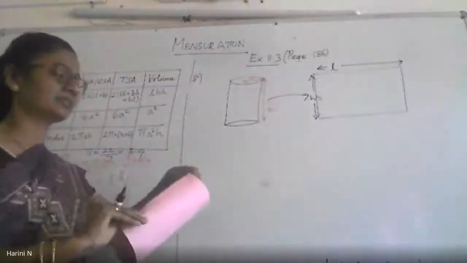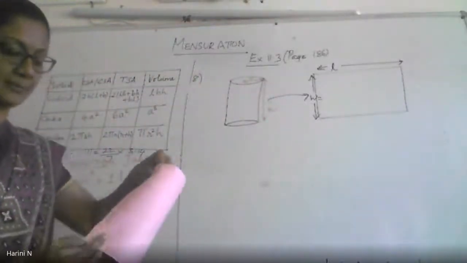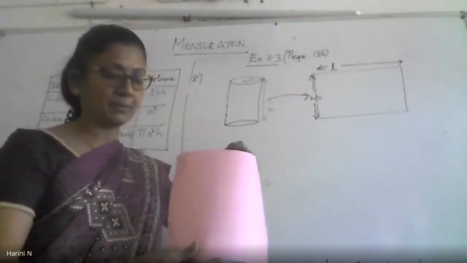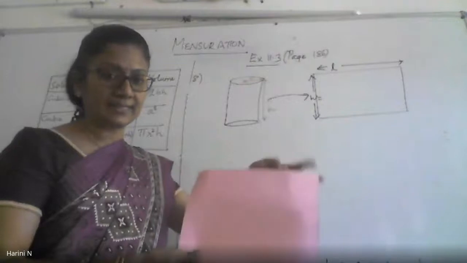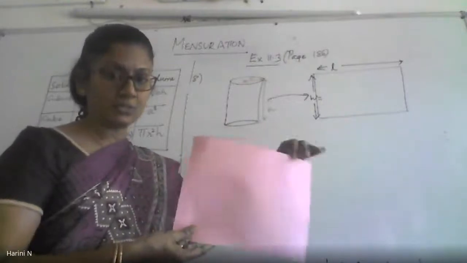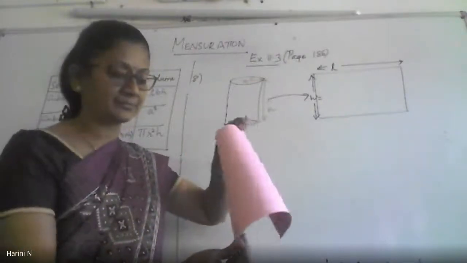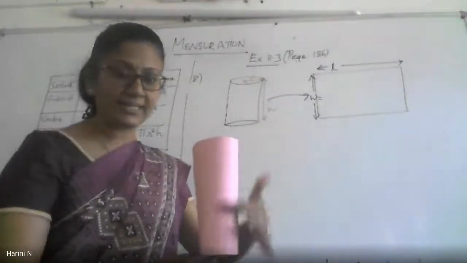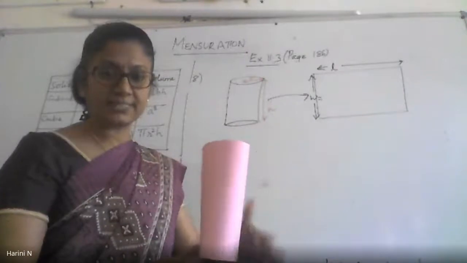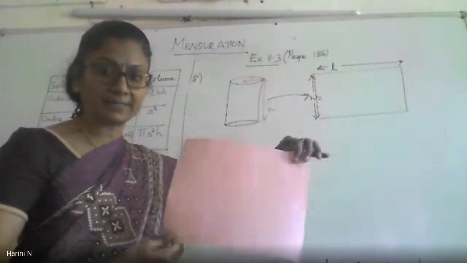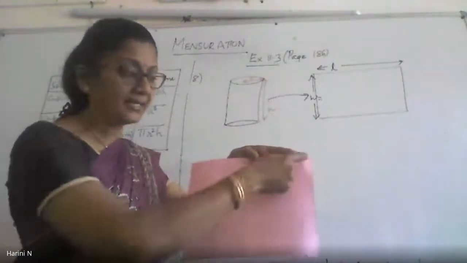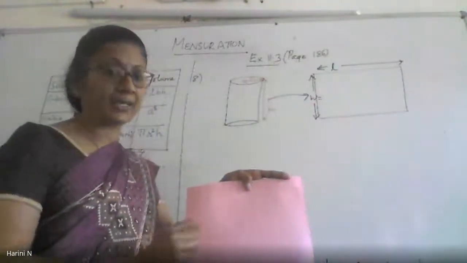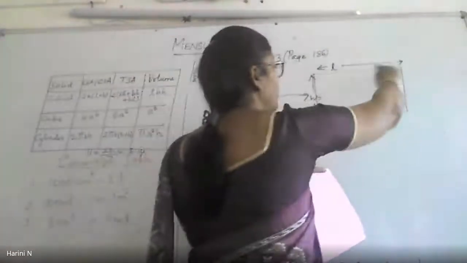This is how the cylinder was originally. I'm cutting it open here, so it will open up like this and become a rectangle. Initially this was the height of the cylinder. Now when I opened it up as a rectangle, the height has become the width of the rectangle. And what do you think is the length of this rectangle?